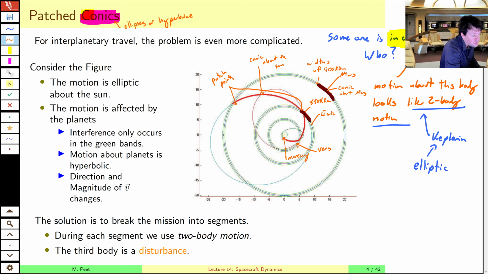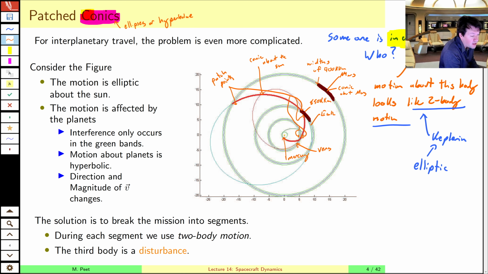And there are two patch points here, of course: one when you're entering and one when you're leaving. And I guess I could draw those for all of them. I don't think we even draw the sphere of influence of Mercury here, because it's fairly small.